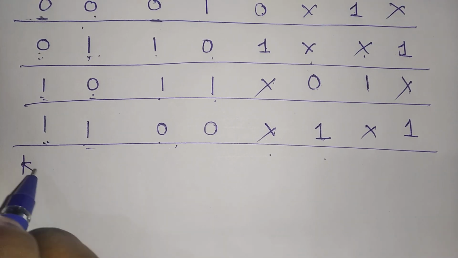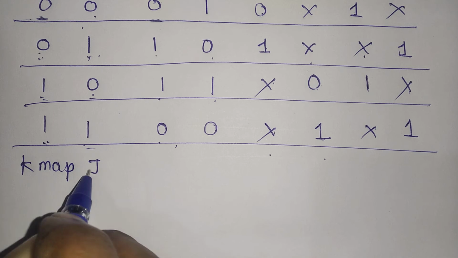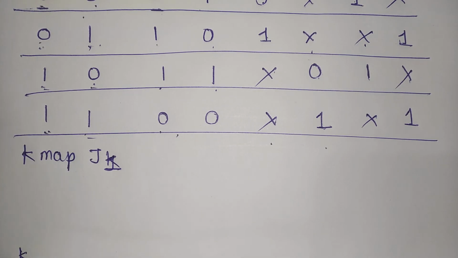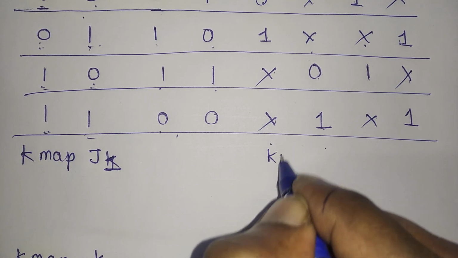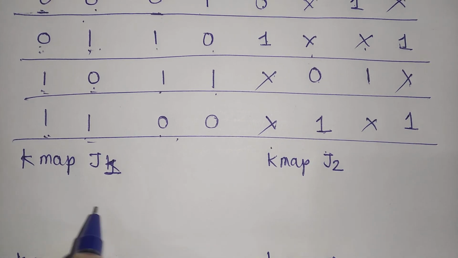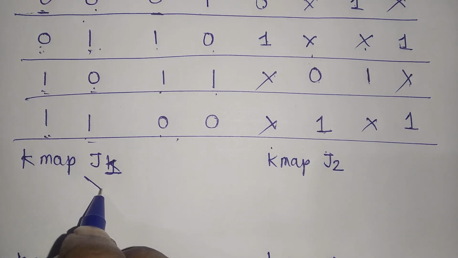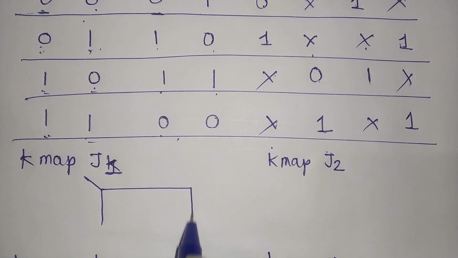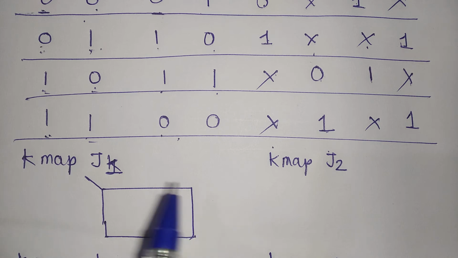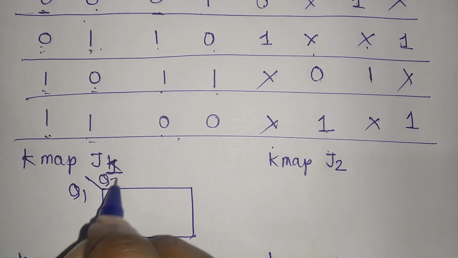We have to find the K-map for J1, the K-map for K1, the K-map for J2 and the K-map for K2. The inputs are Q1, Q2.